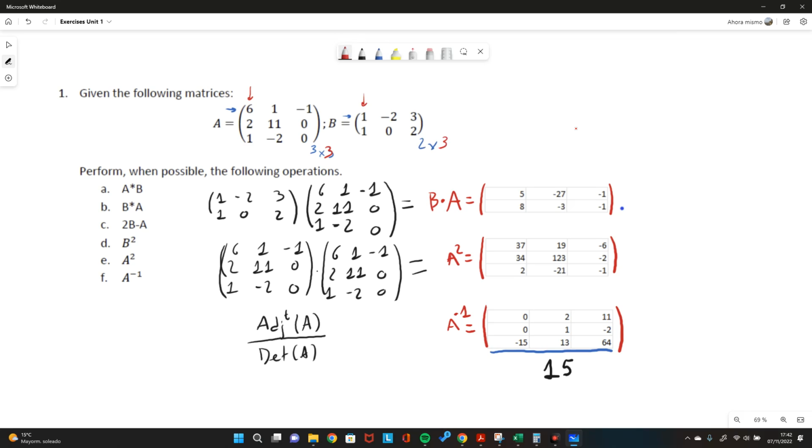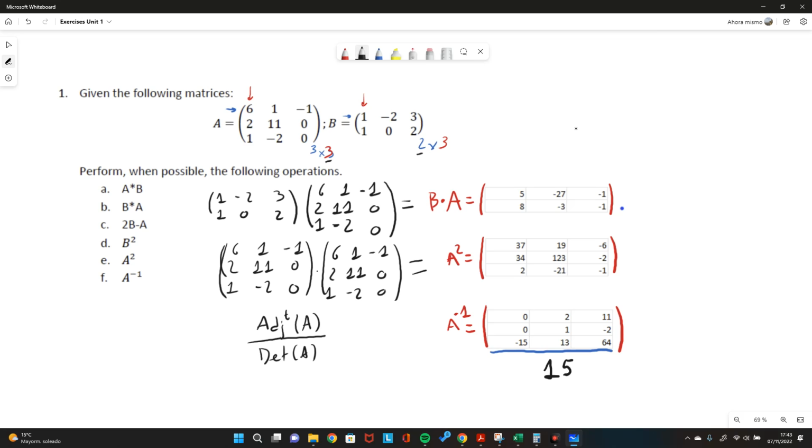To see if you can actually multiply them, it's always the same. You can try to perform the multiplication in the order A times B or B times A, but the dimensions in the middle have to be the same.